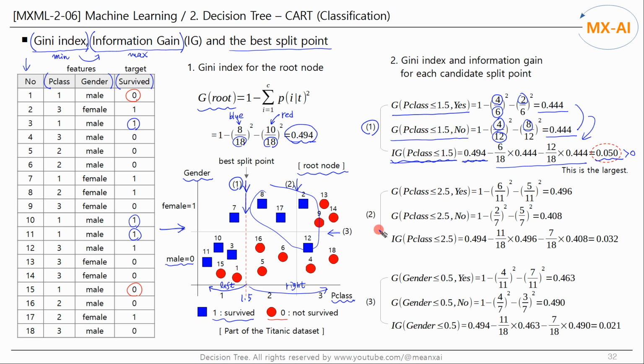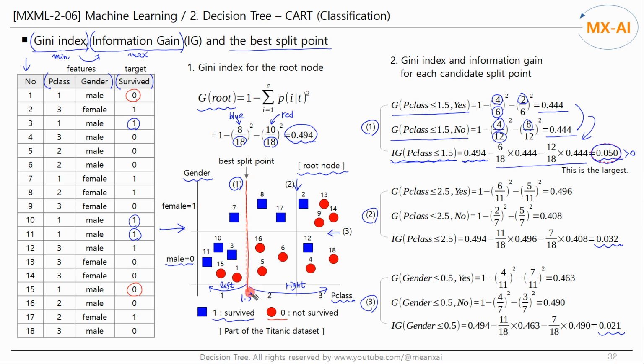In the same way, we calculate the information gain for the second and third split points. The information gain for the second split point is 0.032, and for the third split point, it is 0.021. This is the largest value. Therefore, it is best to split the root node at the first candidate split point.